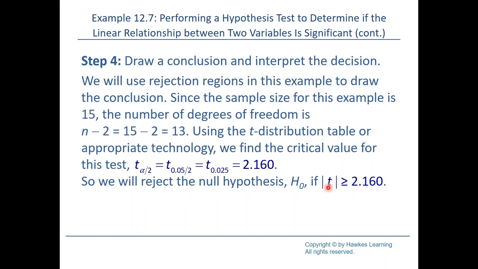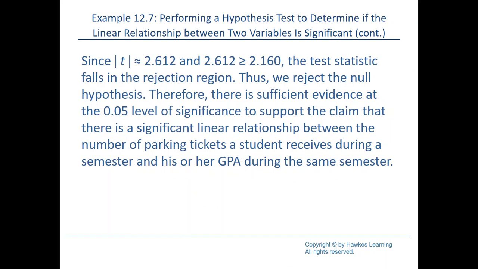So if my T value that I got out, the test statistic T, is greater than or equal to this critical value, we will say that we're going to reject. Now, remind yourself that we just did all the math and got our absolute value of T to be 2.612, and that is actually bigger or equal to 2.160, which is, again, the critical value we just found.